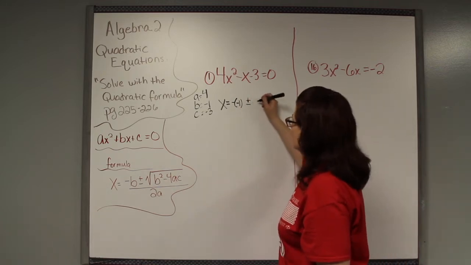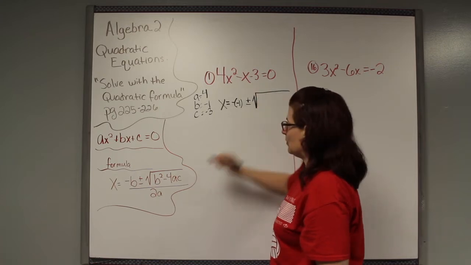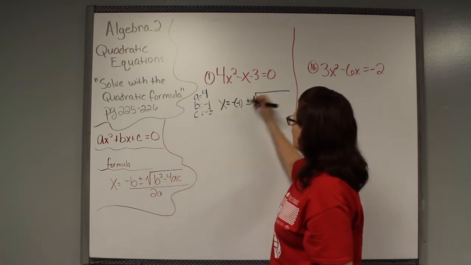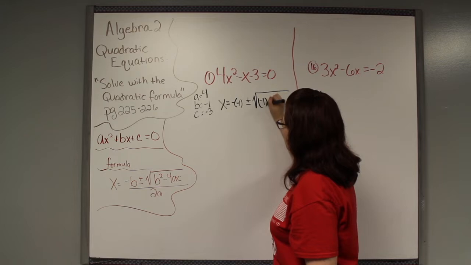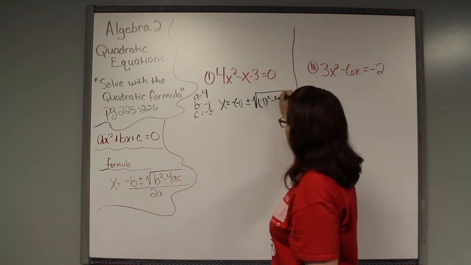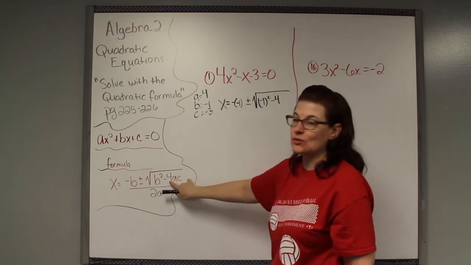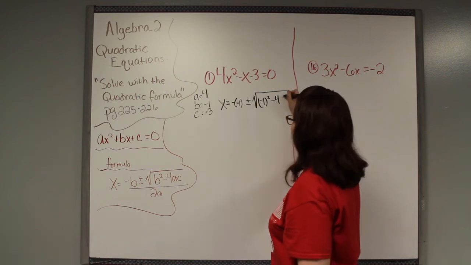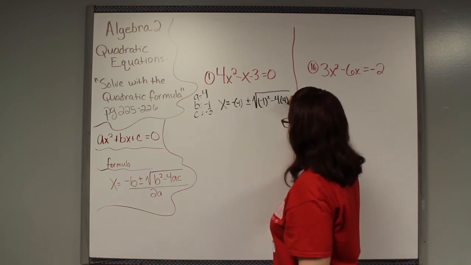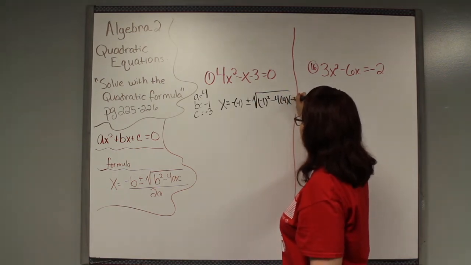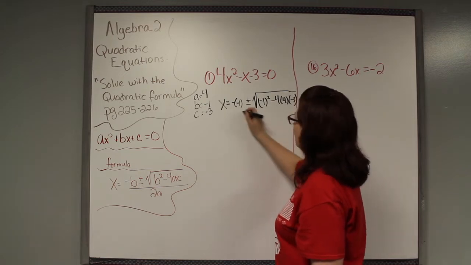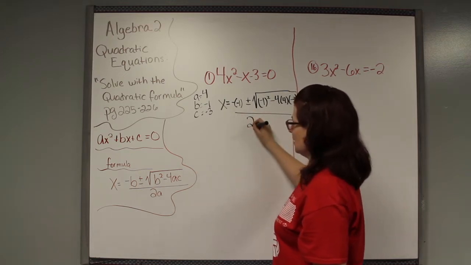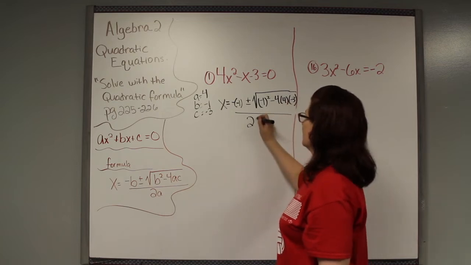Plus or minus the square root of b squared, so that would be -1 squared minus 4. That's in the formula. You cannot change that. Times a, which is 4, times c, which is -3, all over 2 times a.